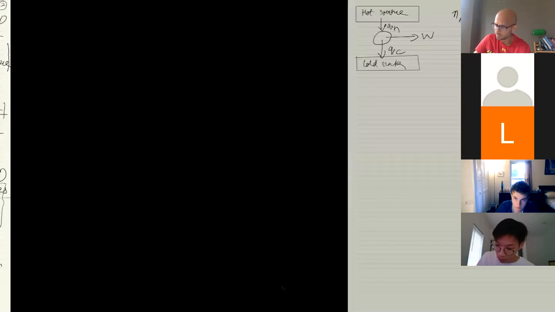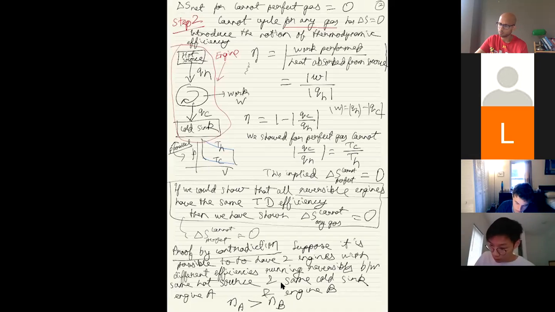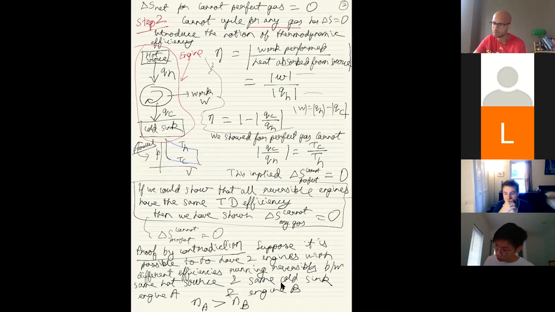I want you to look back at this formula, which we just wrote, and make sure that it makes sense. What we wrote regarding A. How did we define efficiency? Efficiency is work that you get out of the system divided by the heat that you took out of the hot source, which is the same as 1 minus heat that you dump into the cold sink divided by the heat that you get out from the hot source.